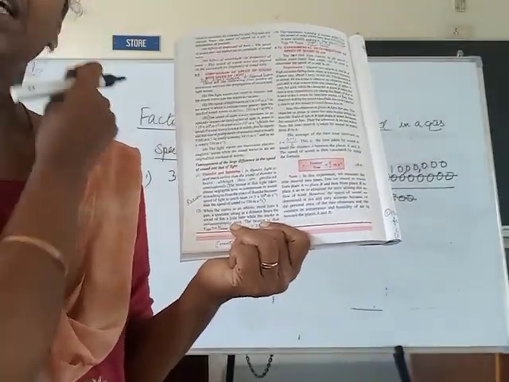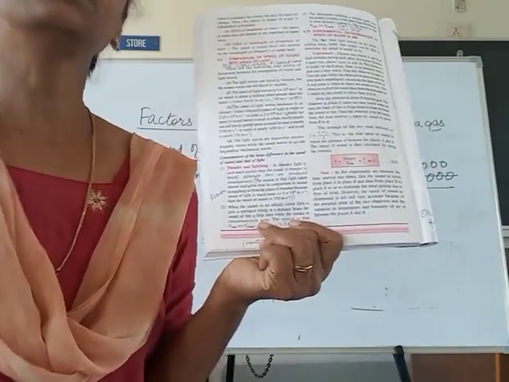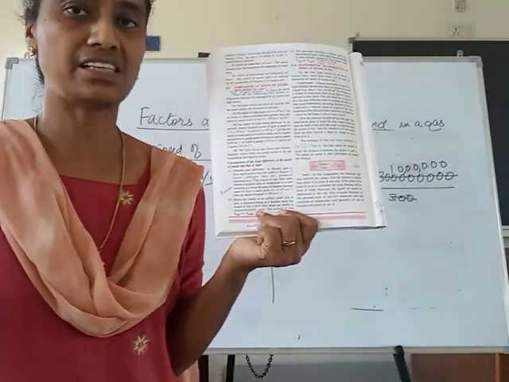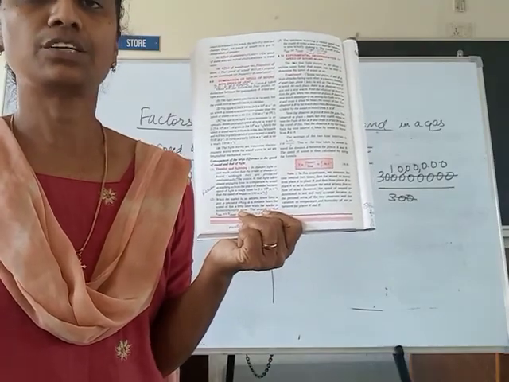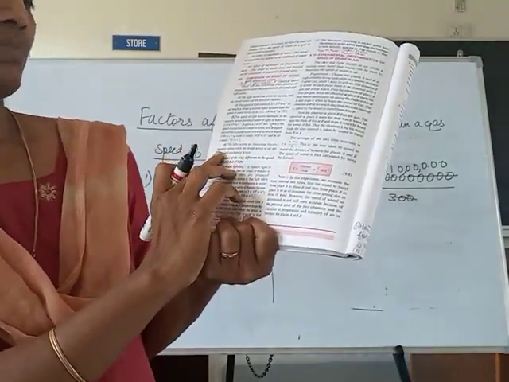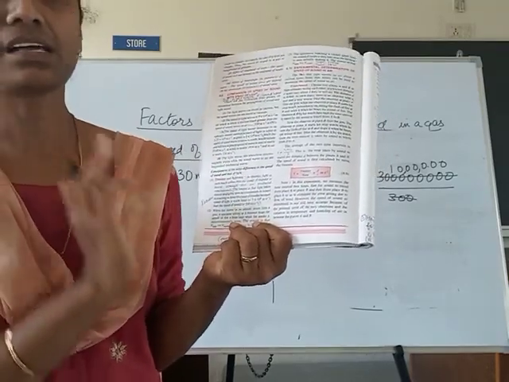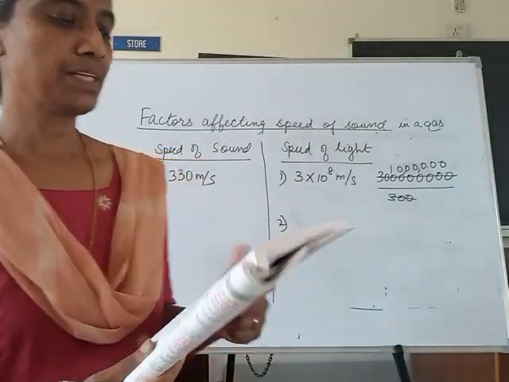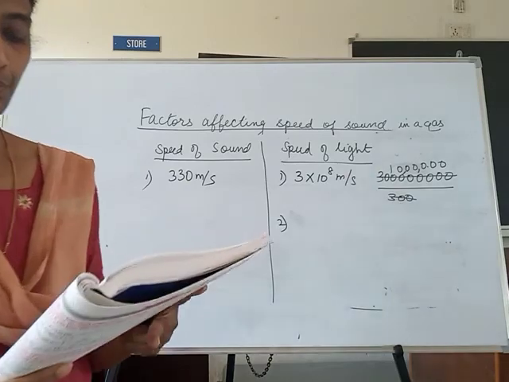So you know that sunlight, the light that comes from the sun has to travel through layers of vacuum, empty space. So light should be able to travel through vacuum also, and for that it has to be in the form of electromagnetic waves. Remember that, electromagnetic waves. And sound, longitudinal mechanical waves. Okay, so difference between light wave and sound wave, you will have 4 points.